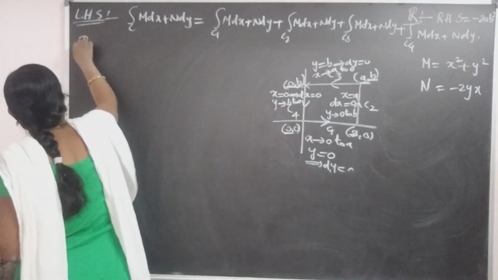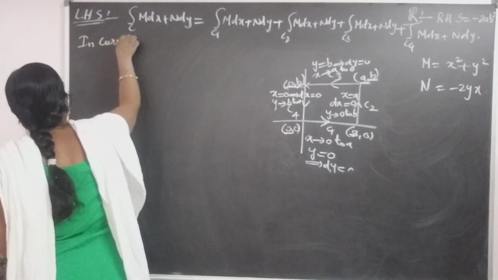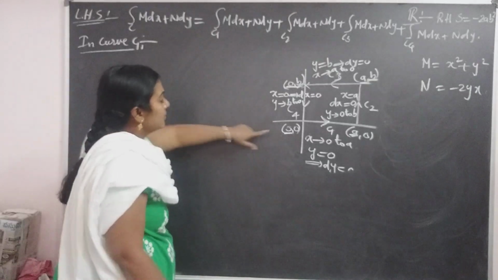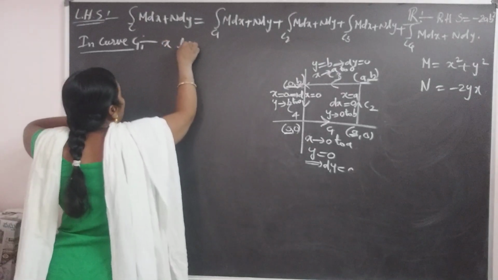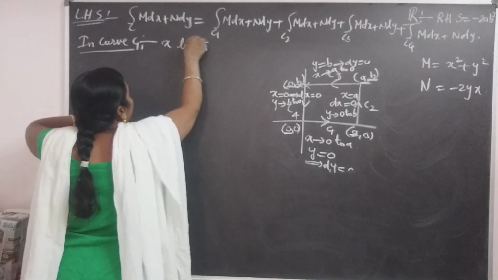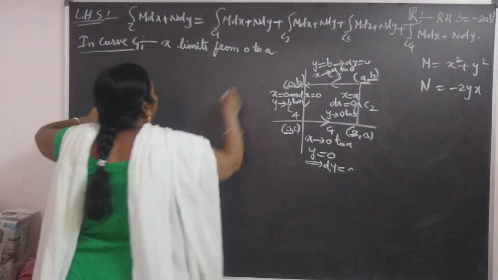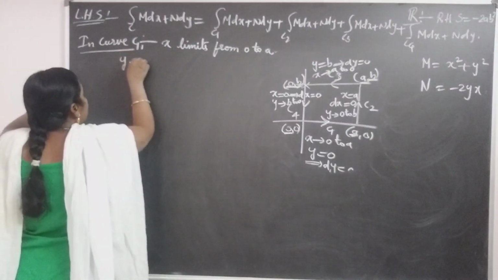In curve C1, x limits from 0 to a and y is 0.